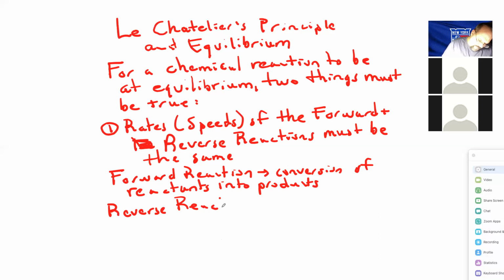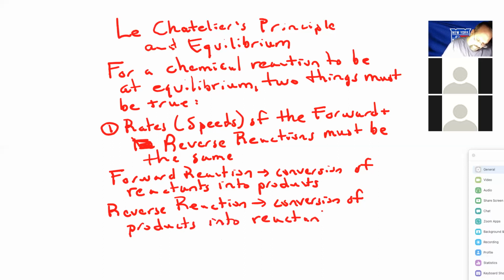And when we talk about the reverse reaction, we talk about the conversion of products into reactants. If the two-way street, the double arrow, has exactly the same speed one way and the other way, that's one of the conditions that has to be true in order for a reaction to be deemed as being at equilibrium.